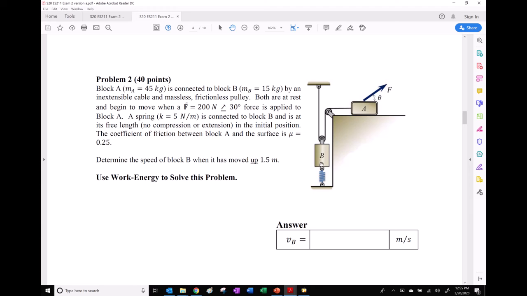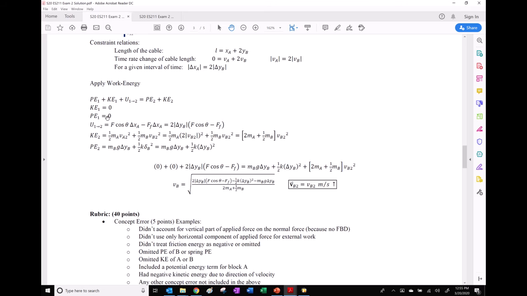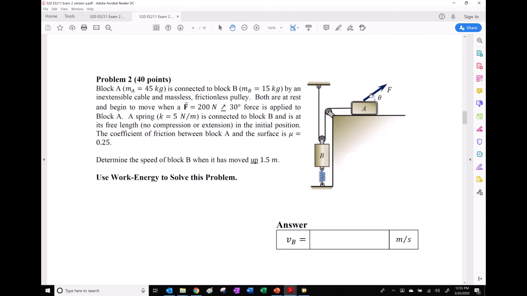We'll call that the datum because it'll have a larger potential energy at state 2. Also, the spring was unstretched in this position, so there's no potential energy there, so that's 0. Then we take a look at the work that's applied. This external force right here is moving this through a distance, but only the horizontal component of it is moving it through a distance.